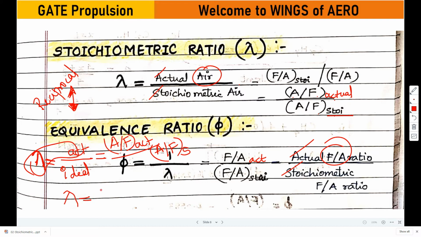Lambda looks like an A, and it will start with actual, actual by ideal. Then it is a ratio of the air. So which one will be fuel or air? Yes, it was A, so it will start with air to fuel, divided by air to fuel of ideal, meaning stoichiometric.